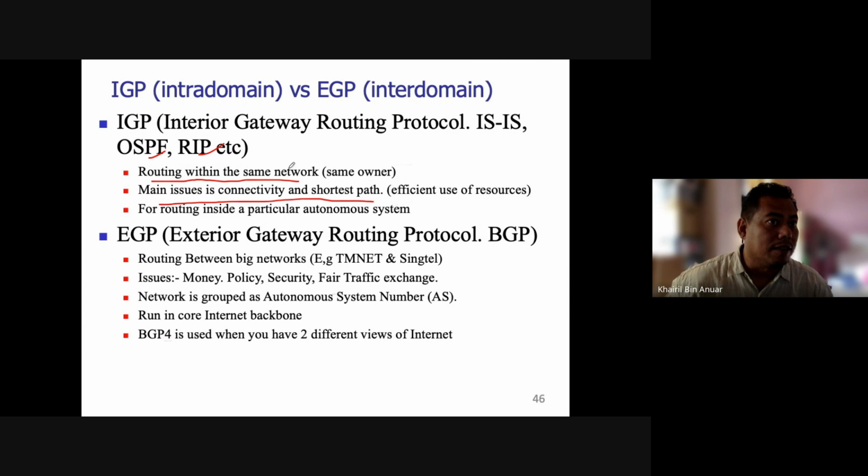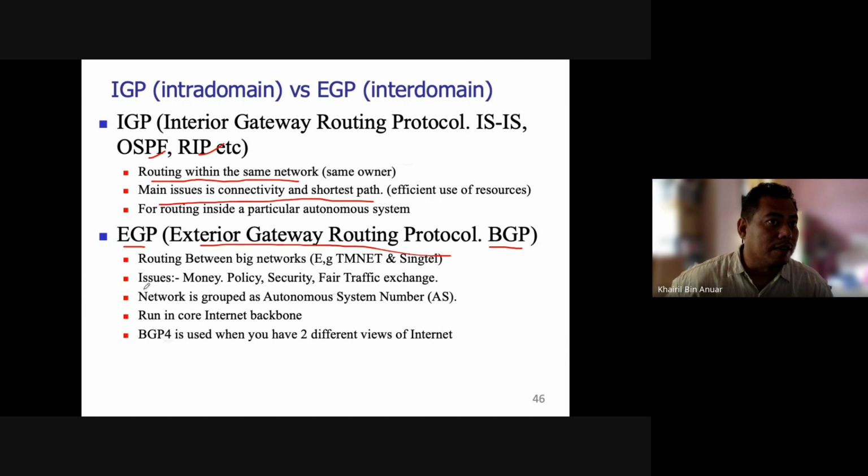Okay, but going from intra-domain to inter-domain, here you define EGP, the exterior gateway routing protocol. For instance, you use BGP, the Border Gateway Protocol. Its main function is routing between big networks, for example TM to perhaps Celcom or some other ISP.